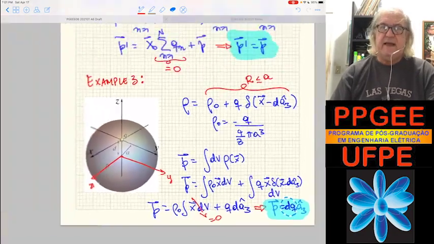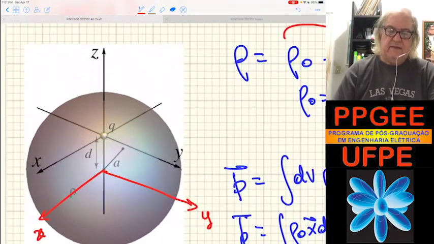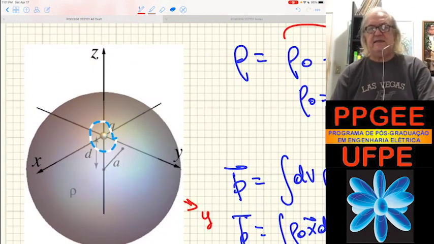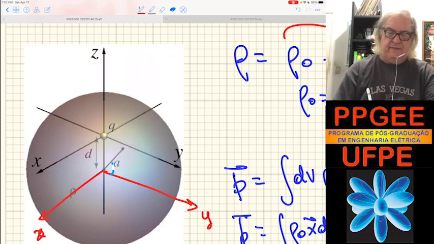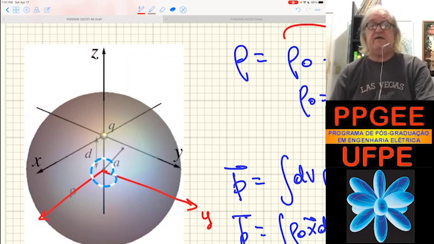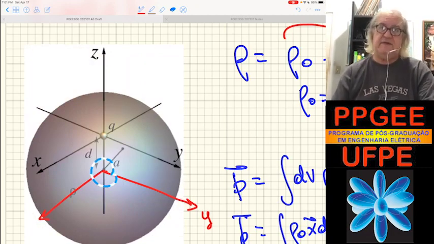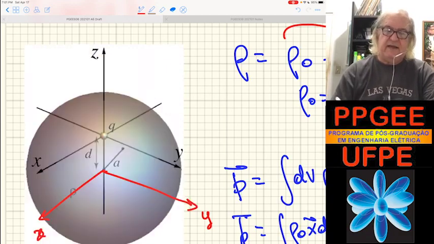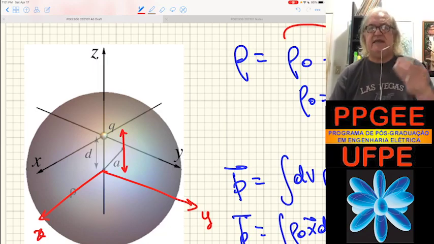What is that? It's the distance between charge centers. The positive charge center is in the nucleus, and the negative charge center of the cloud is at the center of the sphere. So effectively, we have a separation of the charge centers.